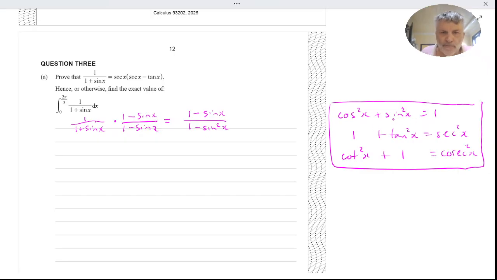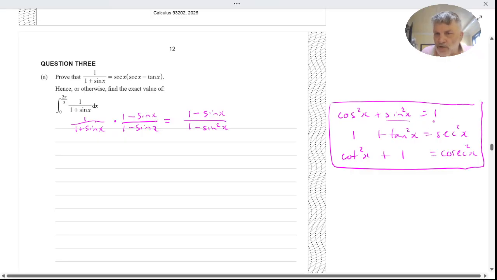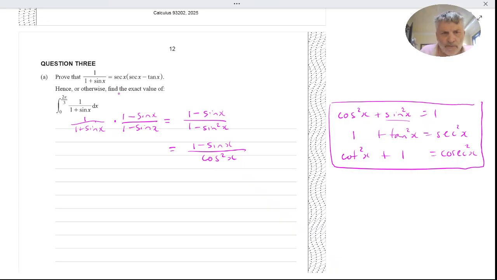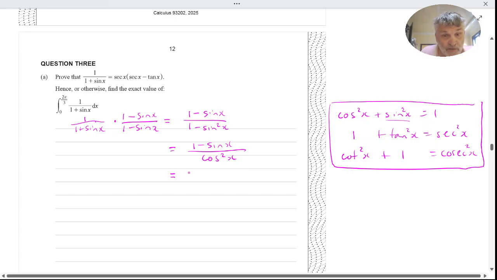So if I put a sine squared onto the other side, I get 1 minus sine squared is equal to cosine squared. That means we've got 1 minus sine x divided by cosine squared x. I notice straight away that 1 over cosine is secant, so we're almost there.